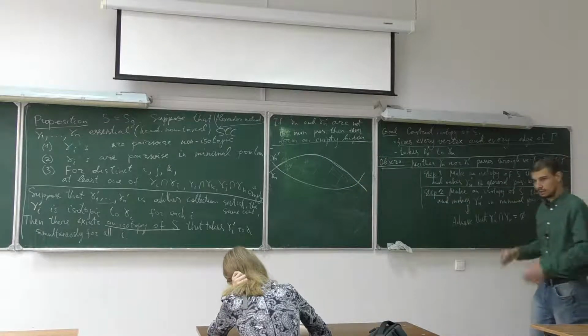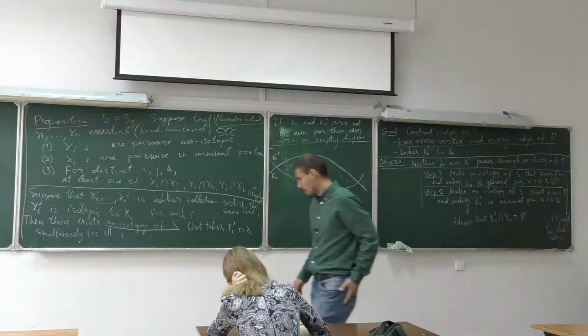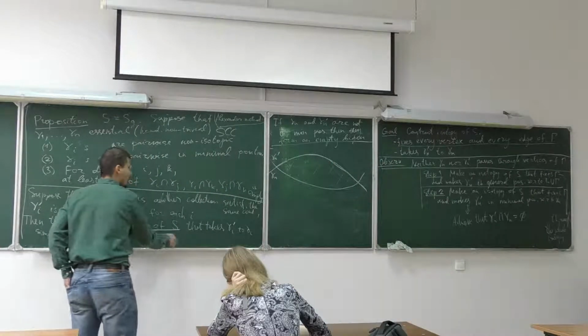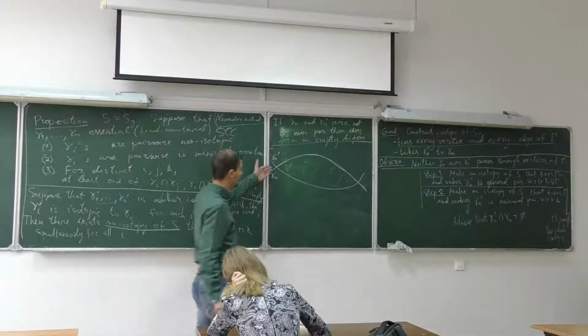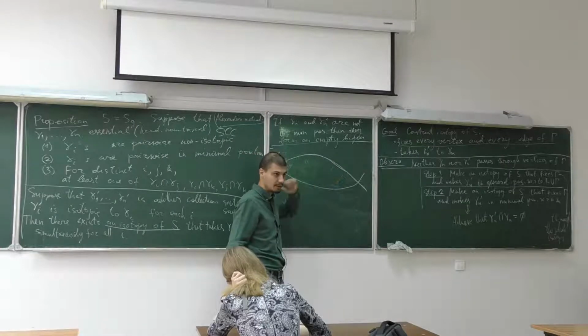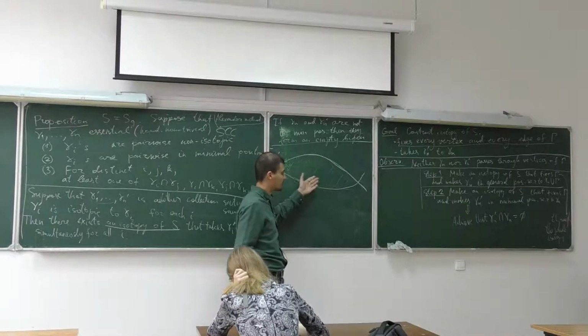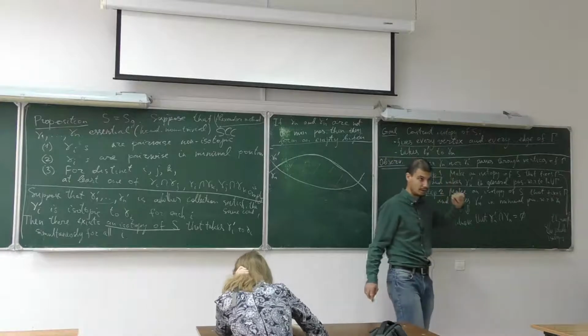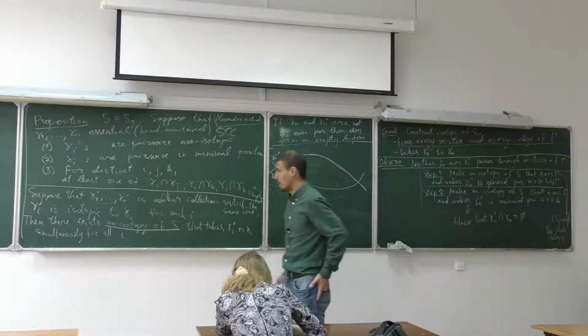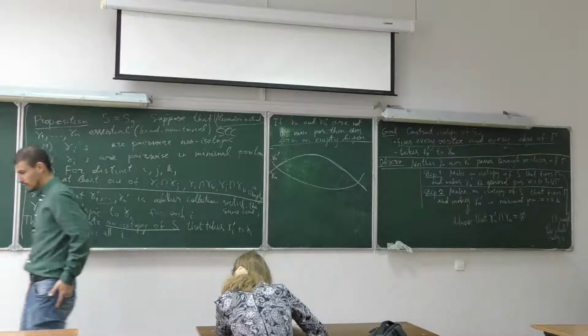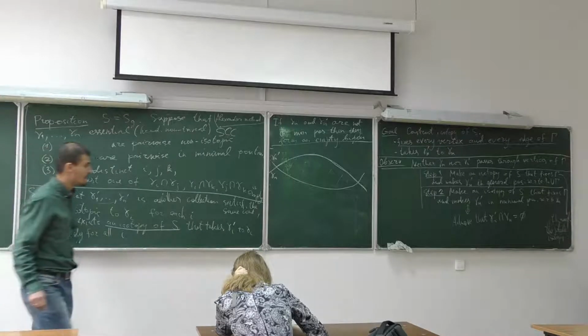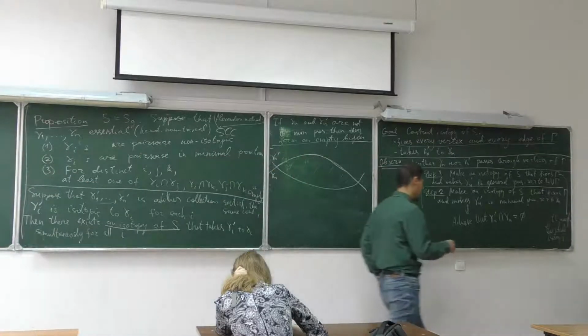Now let us look at how this bigon can intersect with the graph gamma capital. I claim that the intersection is just like that.